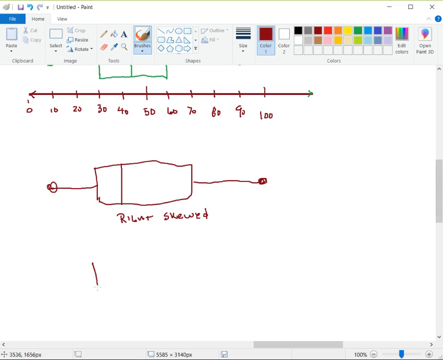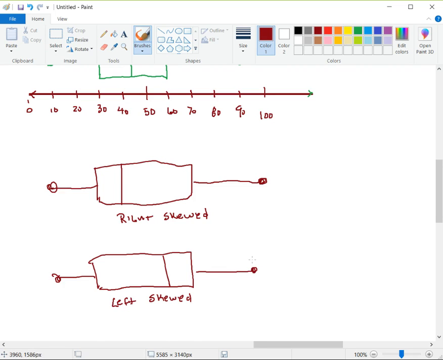If it falls closer to the right side, you have a left skewed. And of course, if it falls in the middle, you have a data set that's probably symmetric.